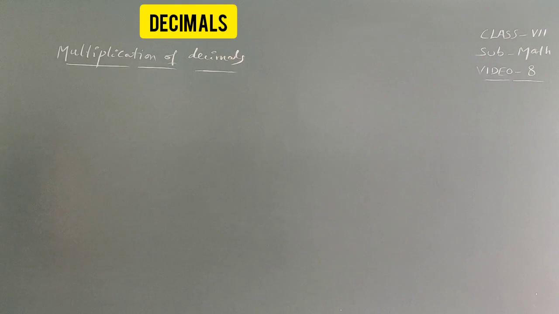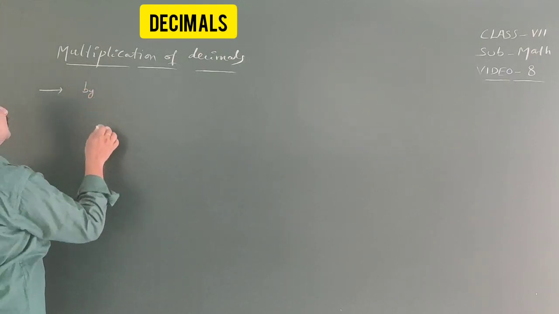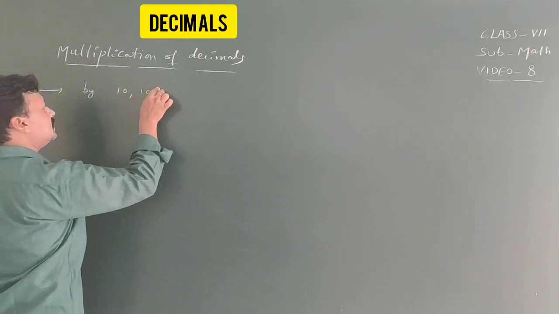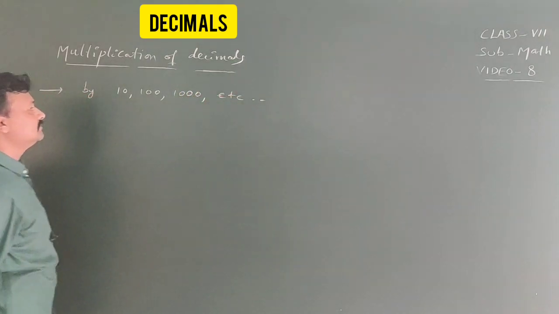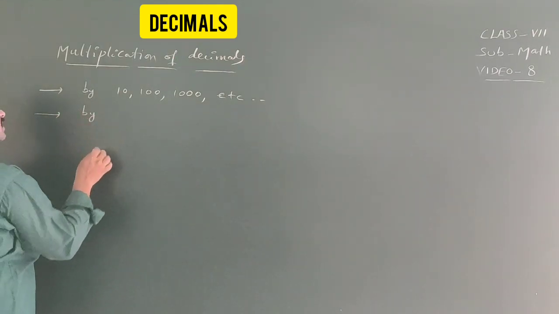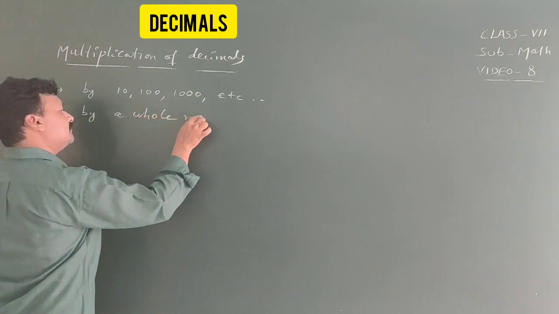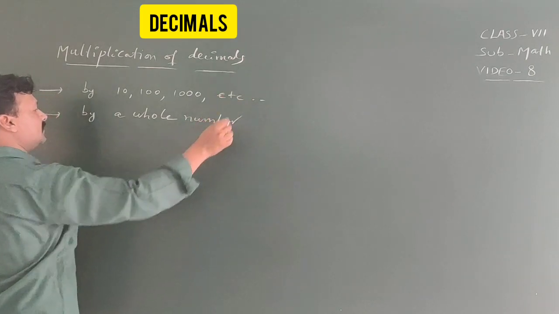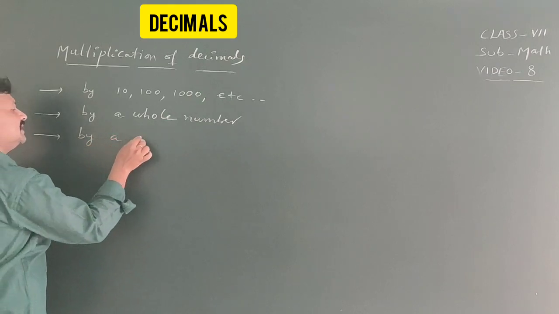Situation 1, multiplication of a decimal by 10, 100, 1000, etc. Second, multiplication of a decimal by a whole number. Third situation, multiplication of a decimal by a decimal.